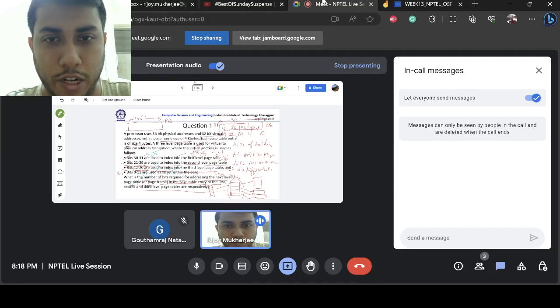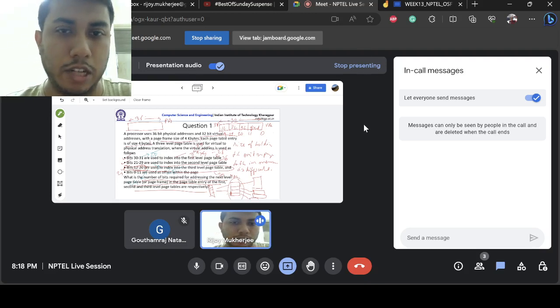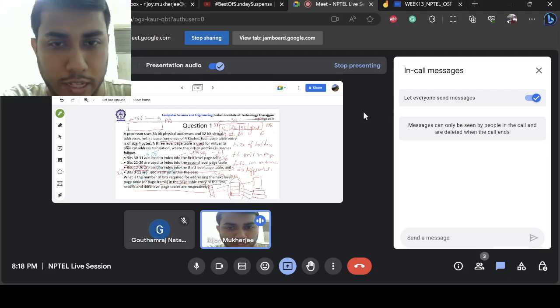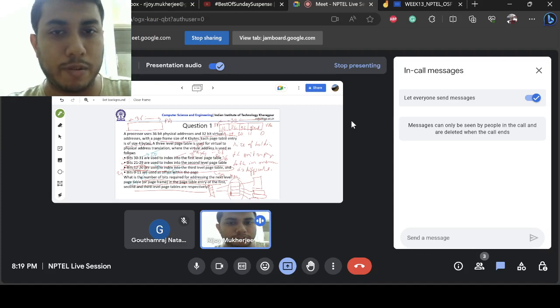I know question one and question two, which dealt with your multi-level page table, three-level page table, are typically questions that are commonly asked also. This concept was taught in the class of multi-level page table, so it's okay to have some questions regarding it.